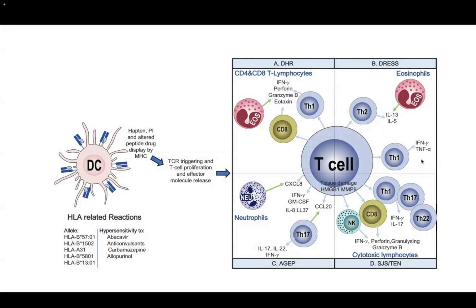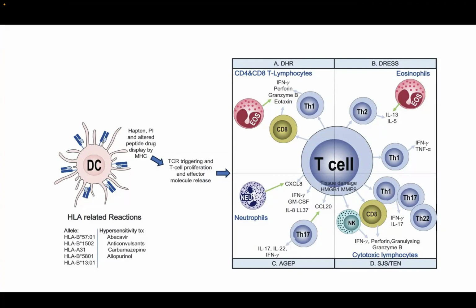There are more details about this, but for general education, T helper 2 is mainly DRESS, Stevens-Johnson is mainly T helper 1 with a role of cytotoxic T cells, and AGEP is mainly a role of neutrophils, and also other mediators like interleukin 8, interferon gamma, GM-CSF, and others.